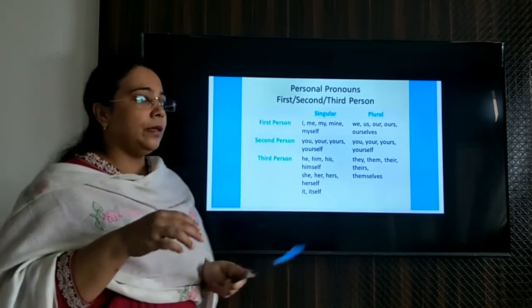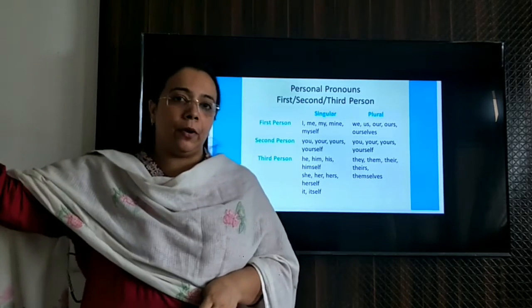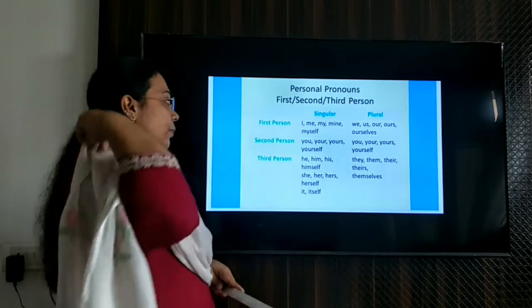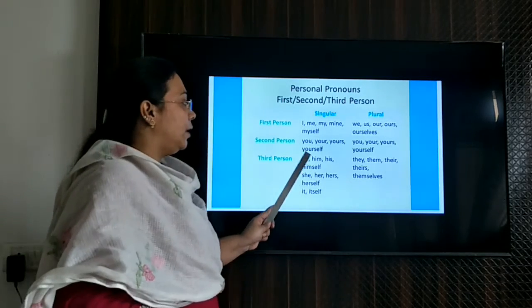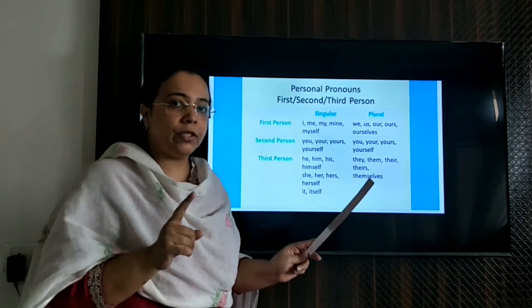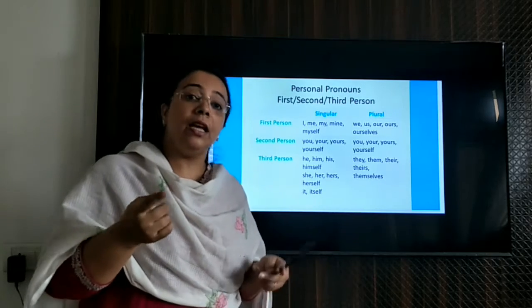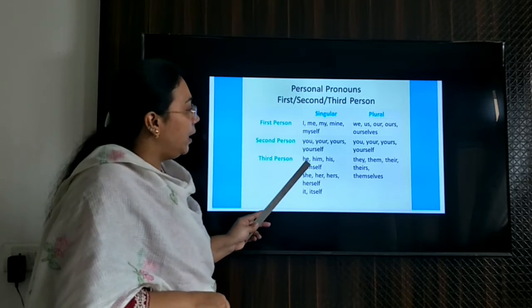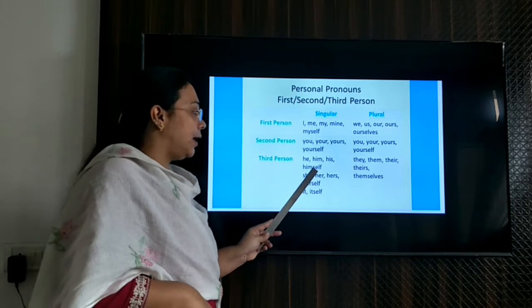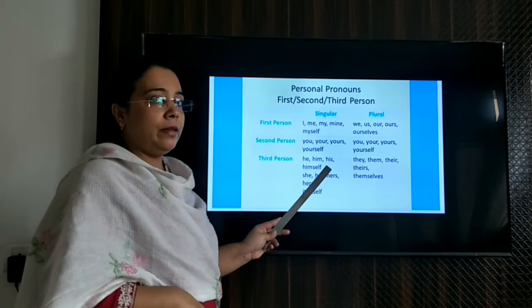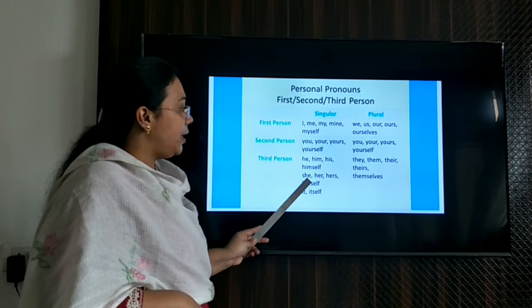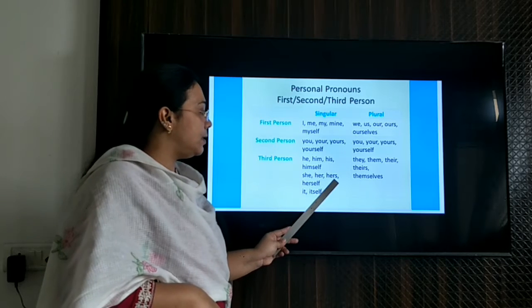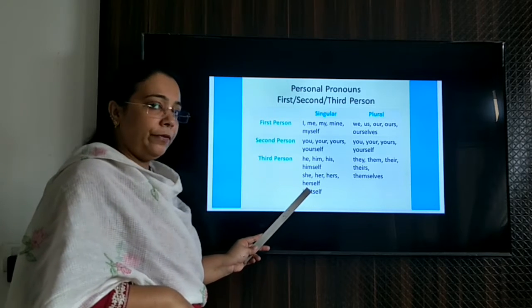The third person, whom we are speaking about. किसके बारे में हम बात कर रहे हैं? So, he. If it is masculine, you have already learned the gender portion. Na? If it is masculine, male है, तो he, him, his, himself. Feminine, females: she, her, hers, herself.